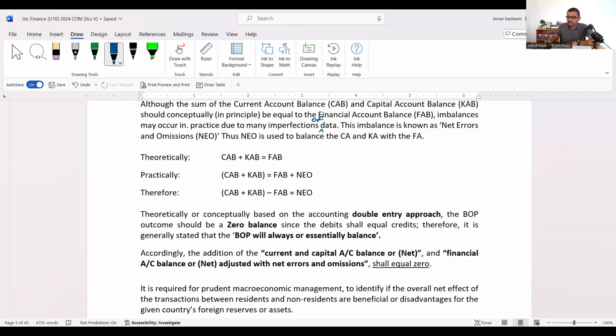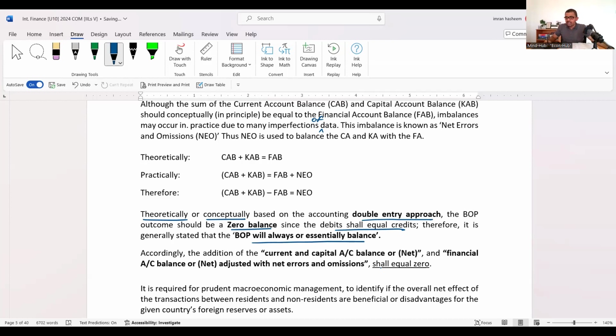Theoretically, or conceptually, based on the accounting double entry approach, the BOP outcome should be a 0 balance. It can't have a value because everything goes to 2 places, credit and debit, they cancel off, so 0, since the debits shall equal the credits. Therefore, it is generally stated that BOP will always or essentially balance. Balance of payments always will balance. And the outcome will be 0.